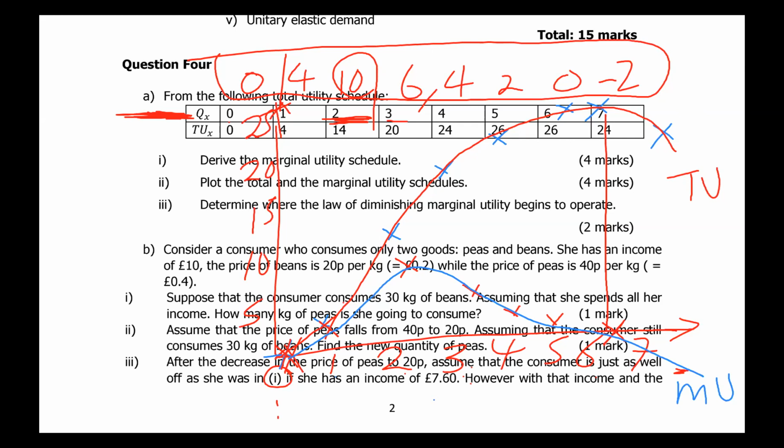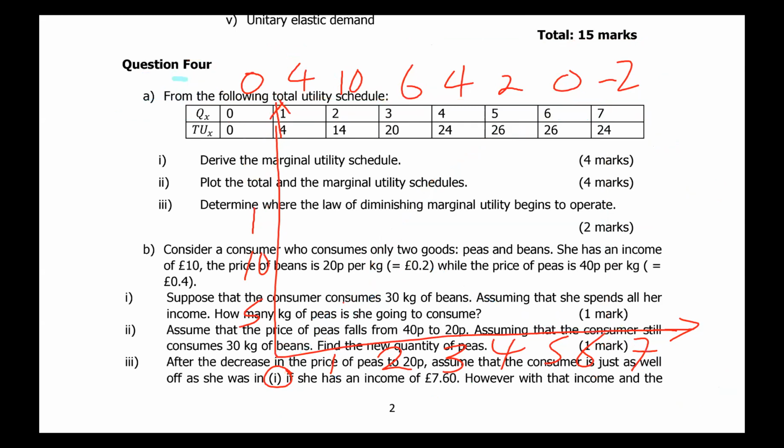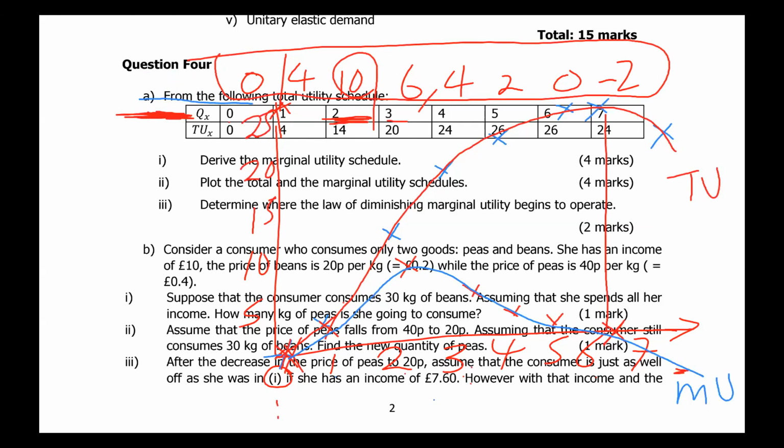Were you there when we were creating the schedule for total utility? Did you get the schedule for total utility? Sorry, not total utility, marginal utility. We're given total utility already. Did you get how we find the marginal utility? Hello?